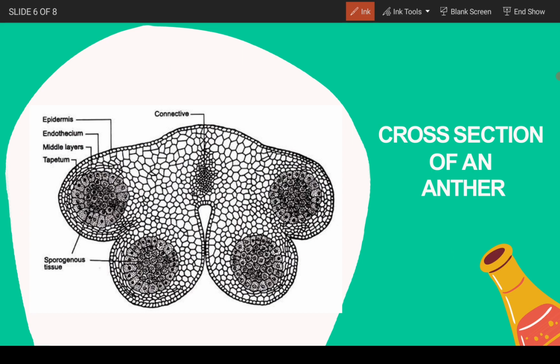The outermost layer, let's go for a separate diagram here. The outermost layer is present, and then inner to it another layer is present. This is a different layer, so I have marked it like that. Then a series of layers are present after this second layer.